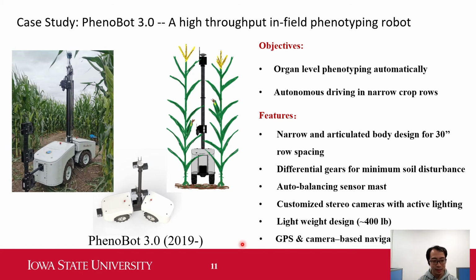Based on these objectives, we designed the robot to have a narrow and articulated body and differential gears, an auto-balancing sensor mast, and a bunch of sensors mounted on the sensor mast for phenotyping, and also a bunch of sensors like GPS, IMU, and cameras for navigation.